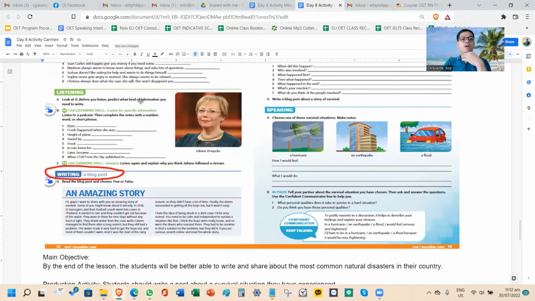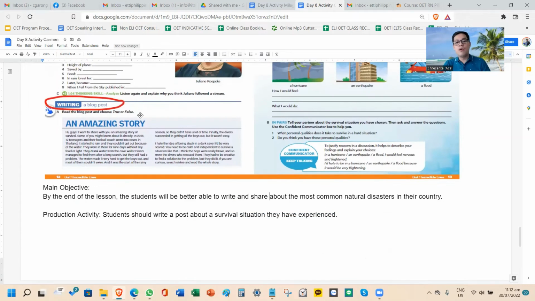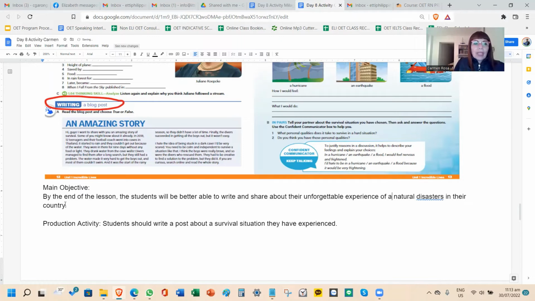So if you want to integrate that from the lesson, another way of writing this, although this is already acceptable, you can also write: will be better able to write and share about their unforgettable, their bad experience, or something like that, unforgettable experience of natural disasters in their country. That's better. So they can use the adjectives there.